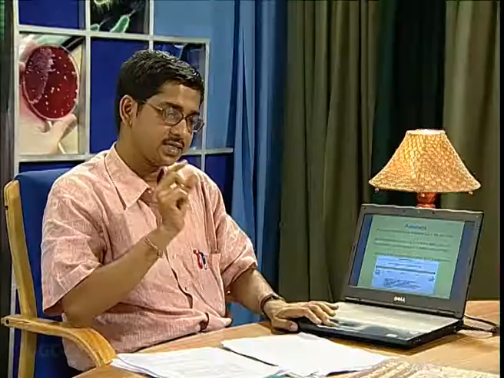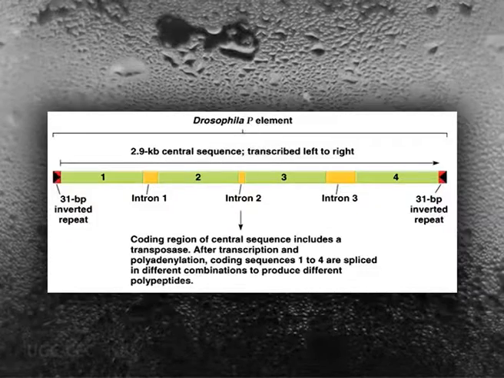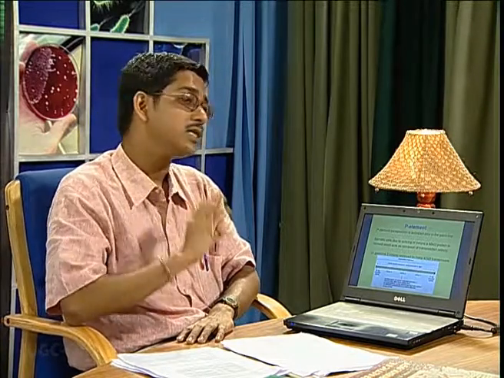The P element, because it is from eukaryotes, has its exons and introns. Usually there are three major introns, as you see. If two of the introns are deleted, then a 66 kilodalton protein is produced. This 66 kilodalton protein is a repressor of any transposable activity present in the P element.